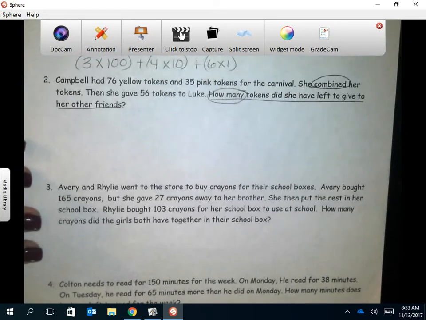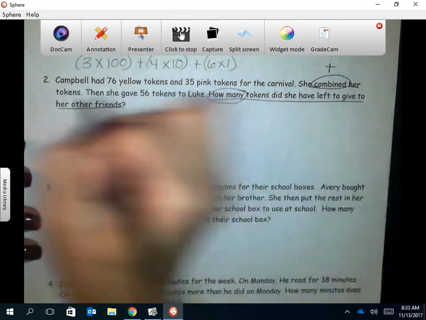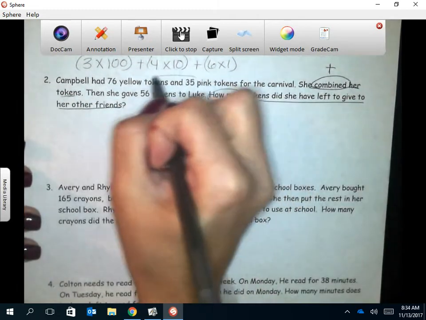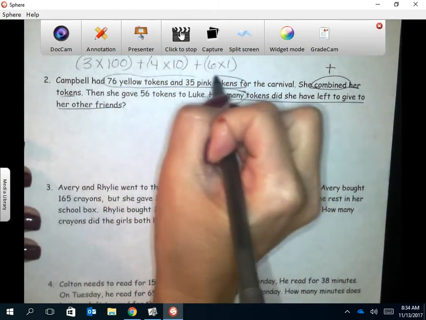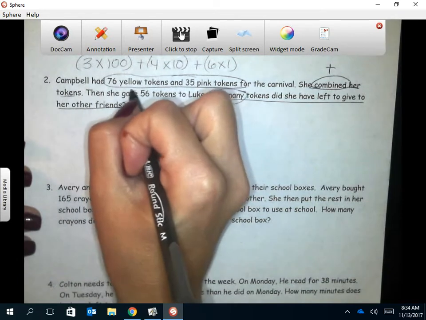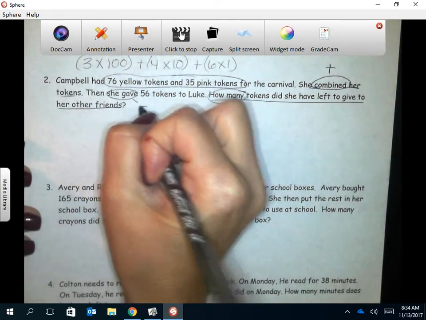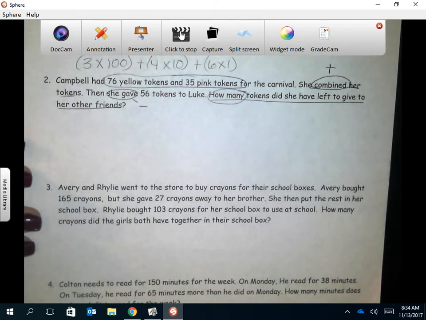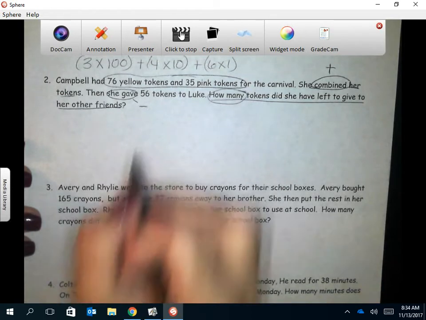She added them together. So we're going to have to add something. And she combined her tokens. That's kind of important. So these were her tokens, right? She combined those. Now what else is important? She gave. What does that usually mean? Subtract. Okay, anything else? The number 56. And 56 is the last one.